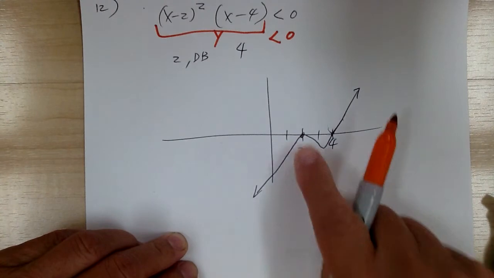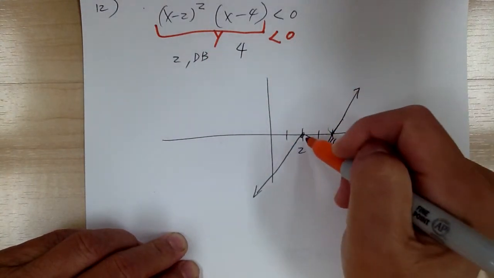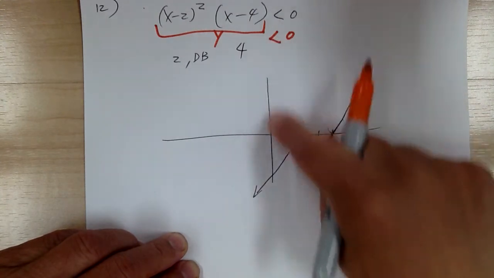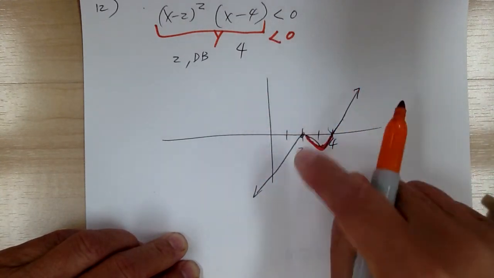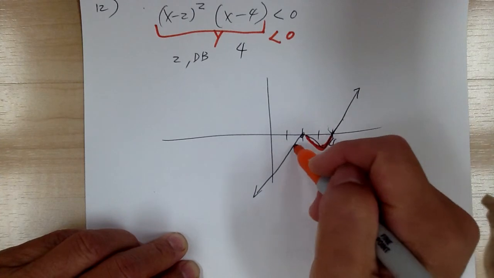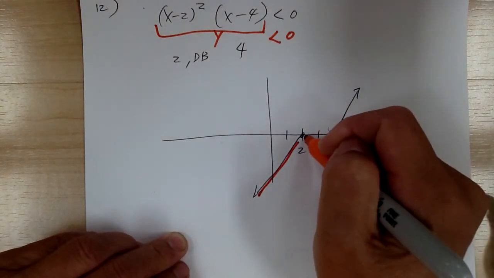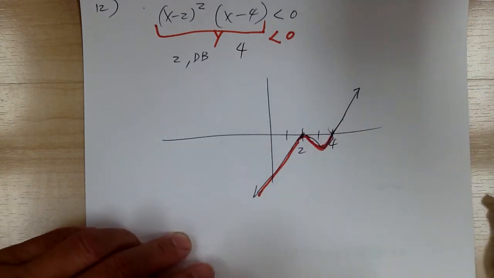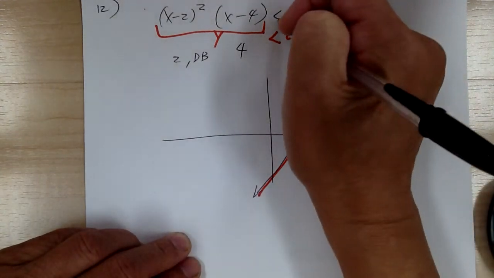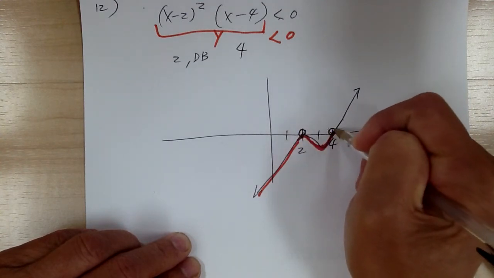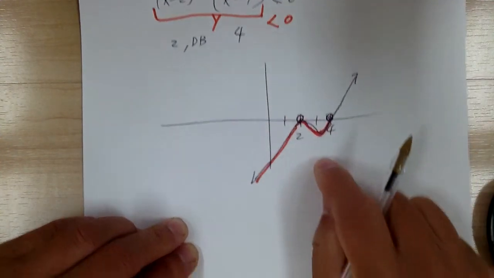So if you look at the graph, the part where y is less than 0 is below the axis. So it's this part and this part right over here. And now the thing you have to pay attention to is this is less than, so technically this is an open circle and this is an open circle, because they're less than.